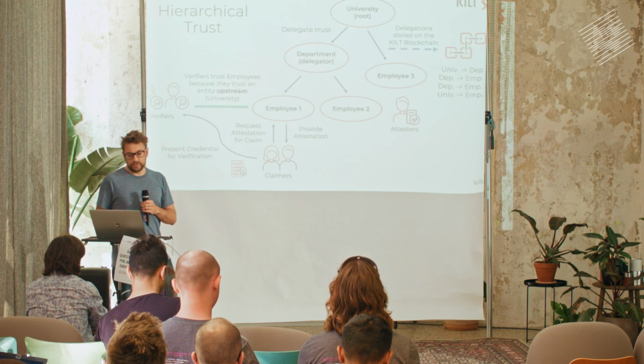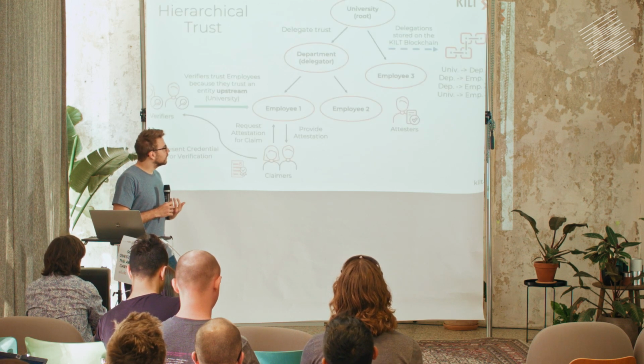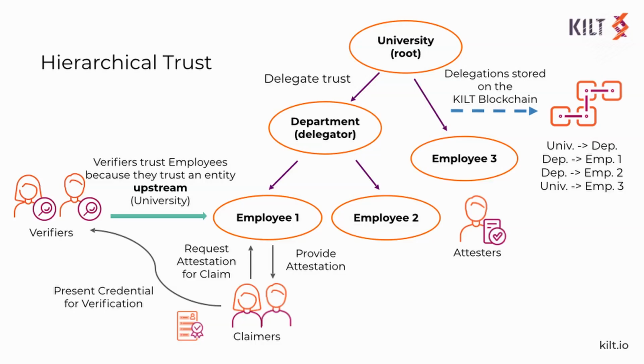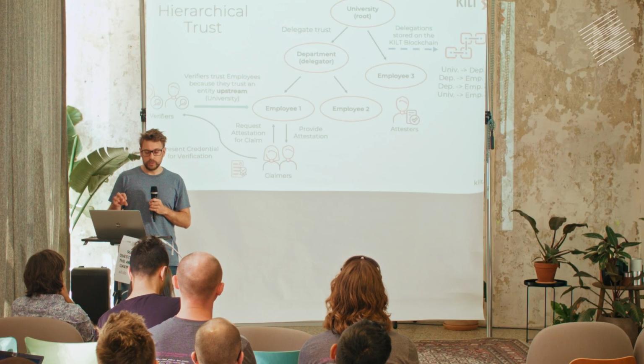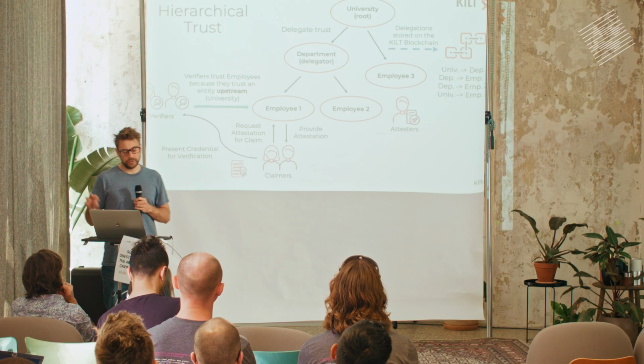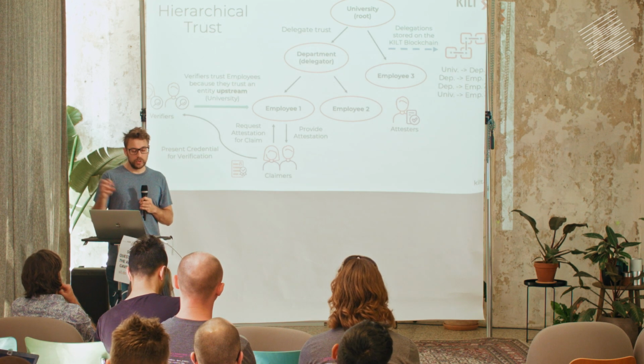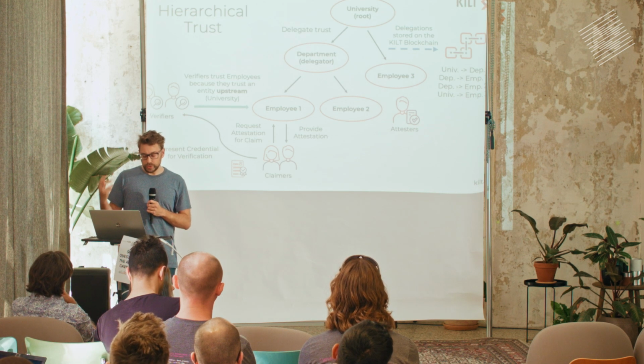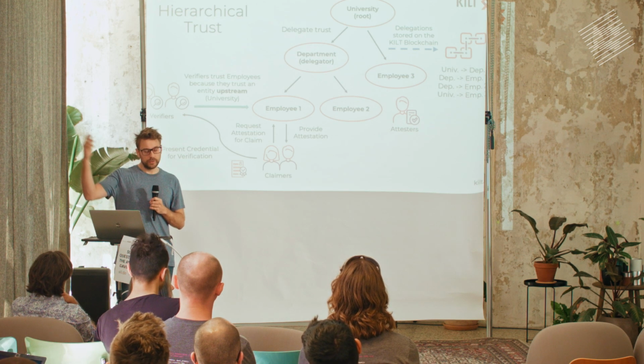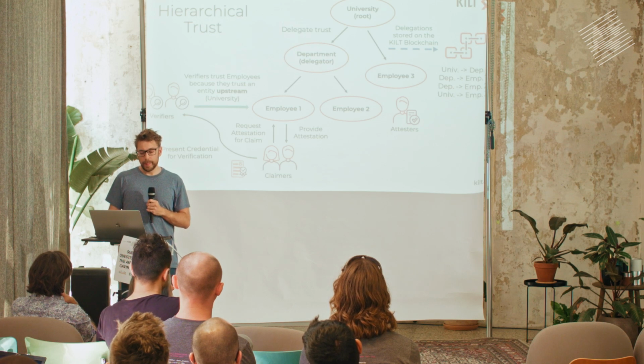We also have a more complex concept called hierarchy of trust, where you can build up a complex trust structure and delegate rights to various entities in this system. We also write these delegations on the blockchain, and when claimers go to verifiers, the verifiers can check how you attained the credential and what the hierarchy behind the credential is.